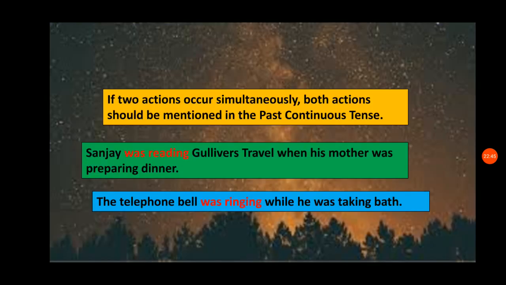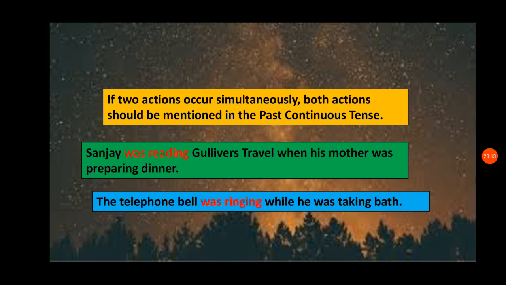If two actions occur simultaneously, both actions should be mentioned in the past continuous tense. Sometimes two facts would be happening in the past tense, both going on simultaneously at the same time. For example: Sanjay was reading Gulliver's Travels when his mother was preparing dinner.